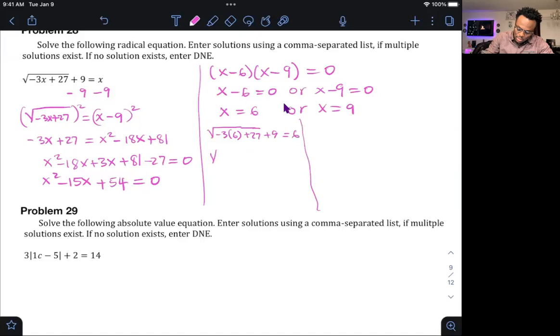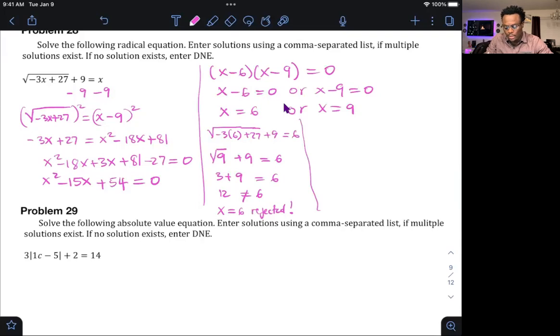So that is square root of 9 plus 9. Is it 6? So that's 3 plus 9. Is it 6? That's 12. That is not 6. So x equals 6 is rejected.